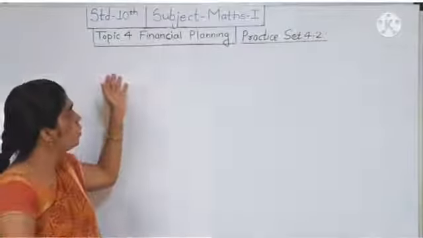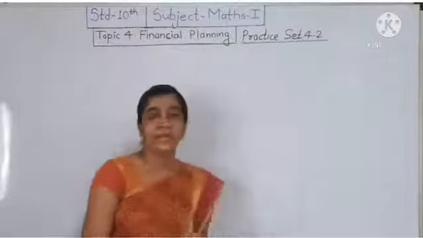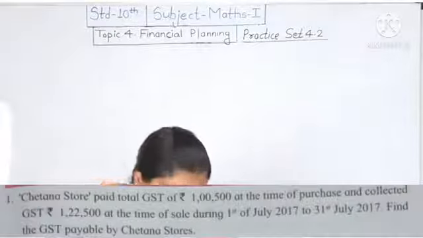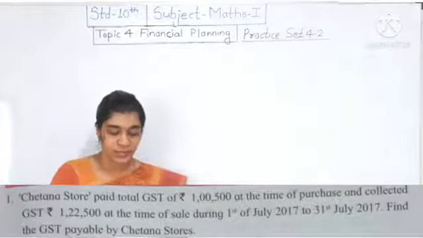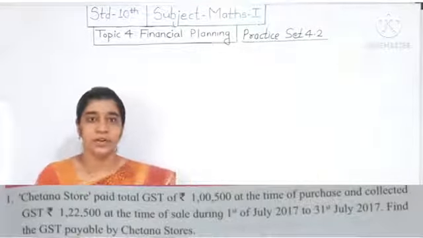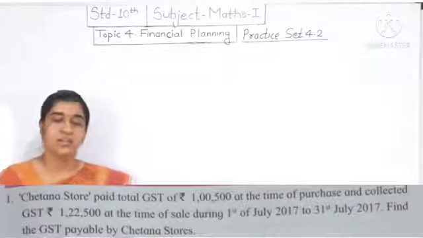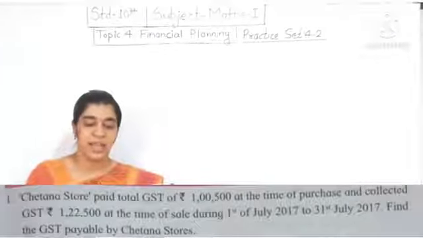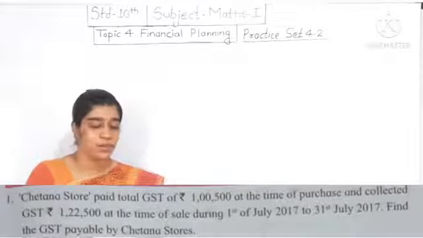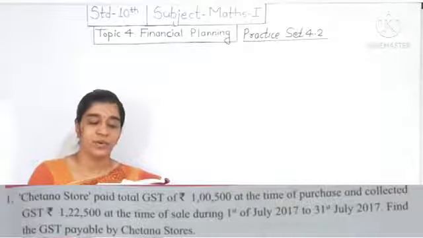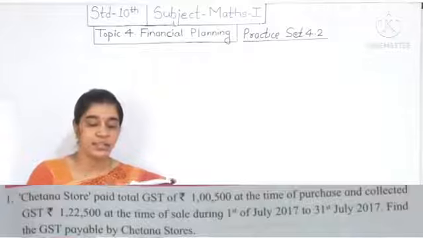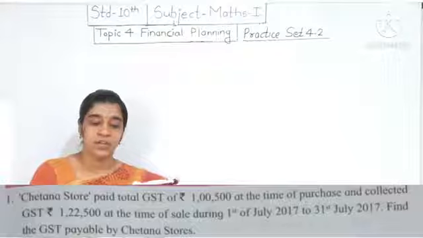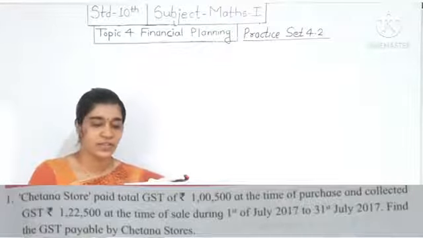Students, now we will see examples in practice set 4.2. What is the question first? See, Chetna Store paid total GST of rupees 1,05,000 at the time of purchase and collected GST of rupees 1,22,500 at the time of sale during 1st July 2017.